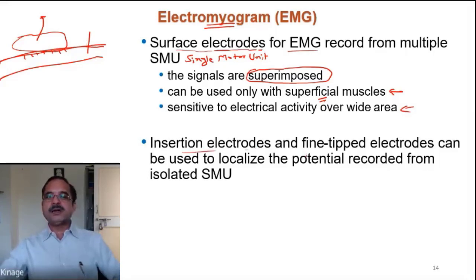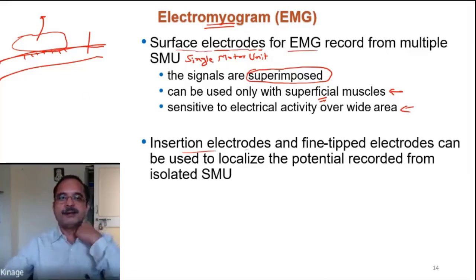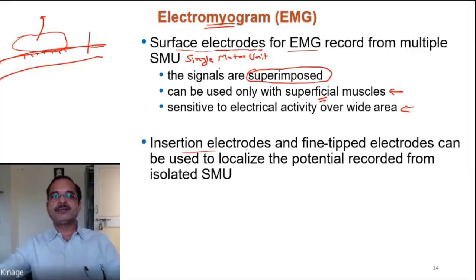These insertion electrodes and fine-tipped electrodes can be used to localize the potential recorded from an isolated SMU. SMU means single motor unit, as I told you. So if I want to find out the potential related to a single muscle fiber, called SMU, then you can use the fine tipped electrodes.